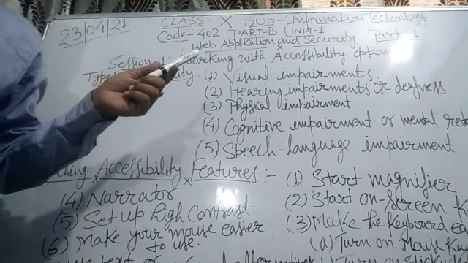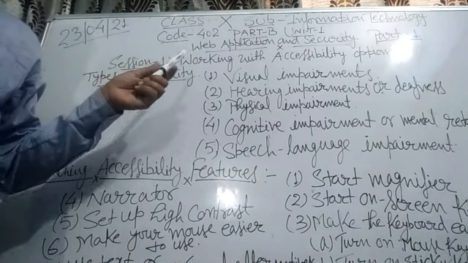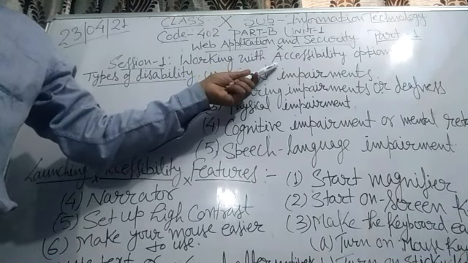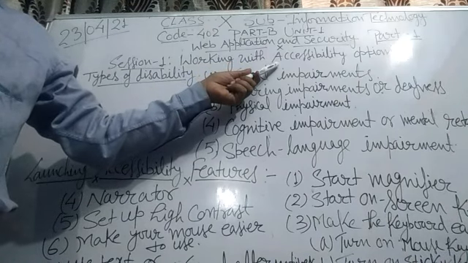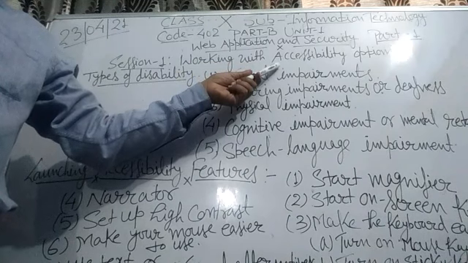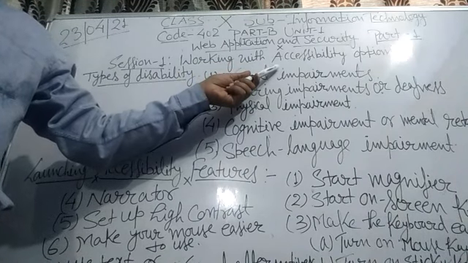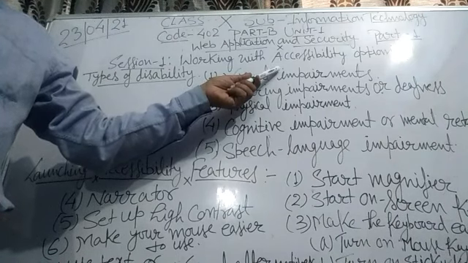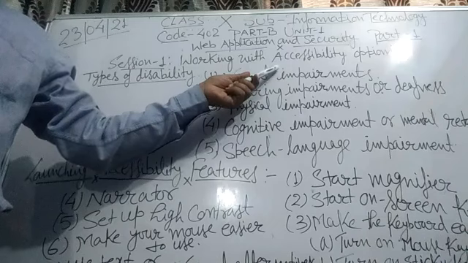Accessibility means the features which are designed to help people with disabilities. Computer accessibility refers to making technology more user friendly regardless of any disability.